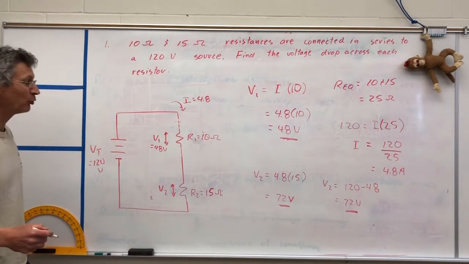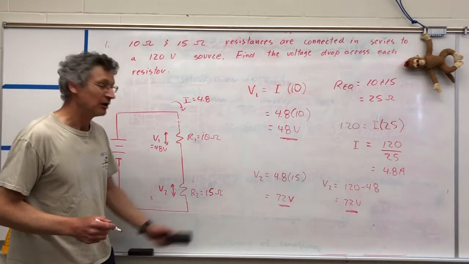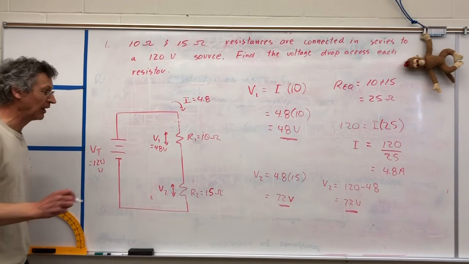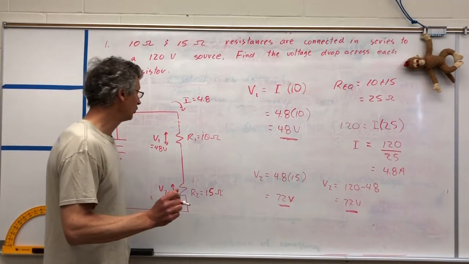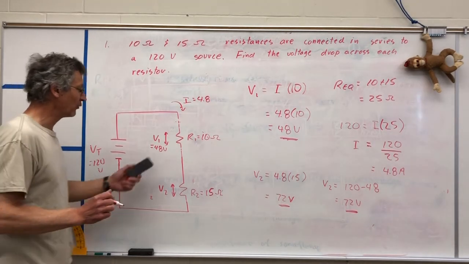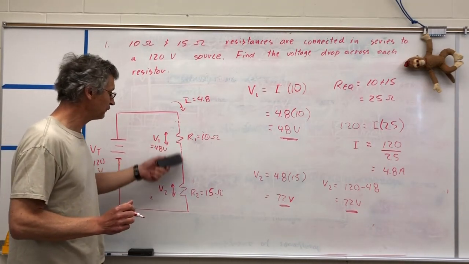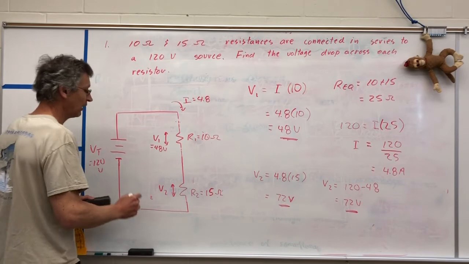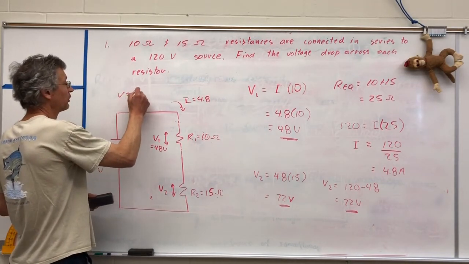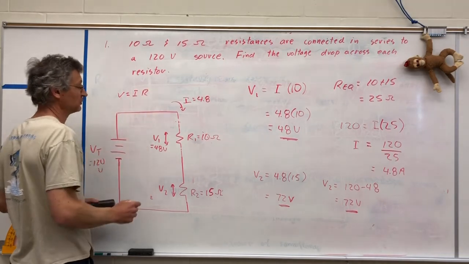What's a third way to figure out V2? There's actually a third way you can do it. That way's a little more subtle. It would work something like this. Remember, for either of these resistances, the voltage is going to be equal to the current times the resistance.